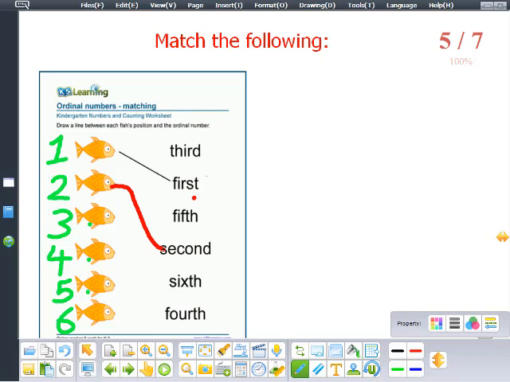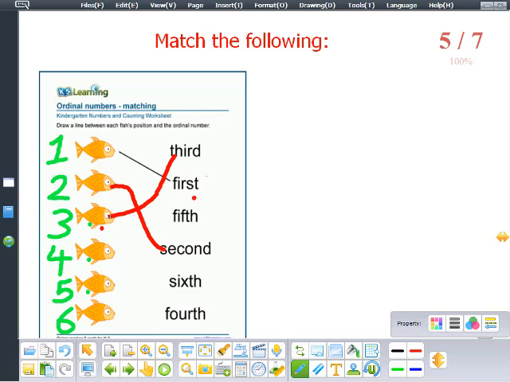Number 2 is second. What about number 3? Number 3 is third. Excellent. Where is third? Third starts with th, so it's third. Well, let's match 3 to third.